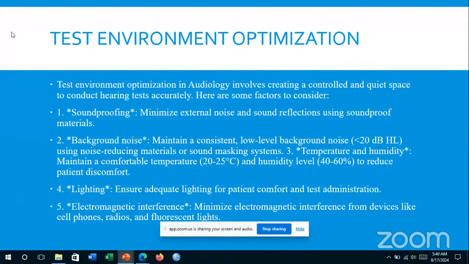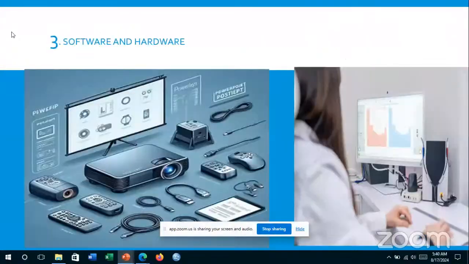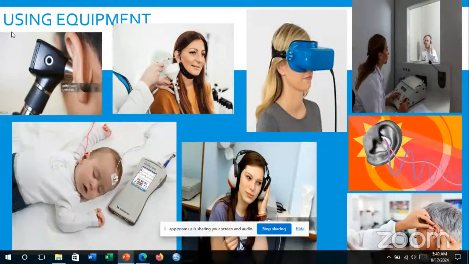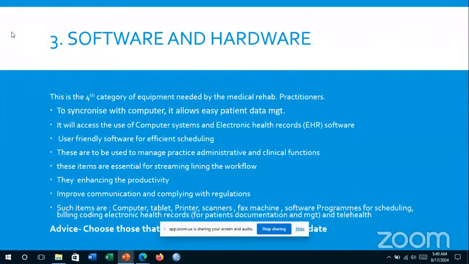Electromagnetic interference: you need to minimize it from devices like a cell phone, radio, or fluorescent light. Patient comfort is very, very important. Let's ensure that our patients are relaxed, using comfortable seating and minimizing distractions.